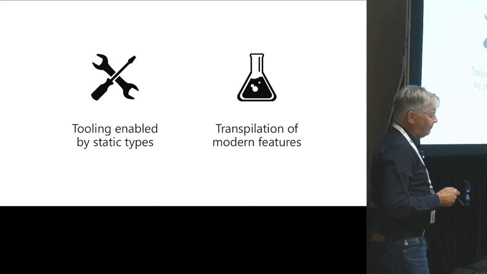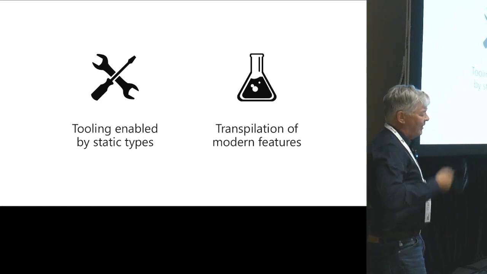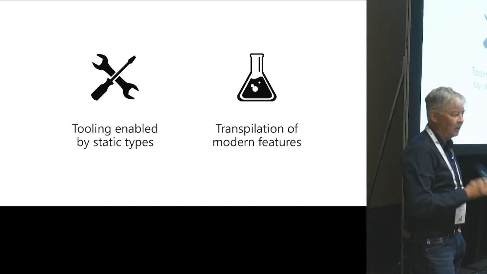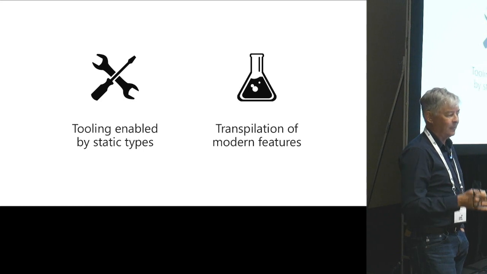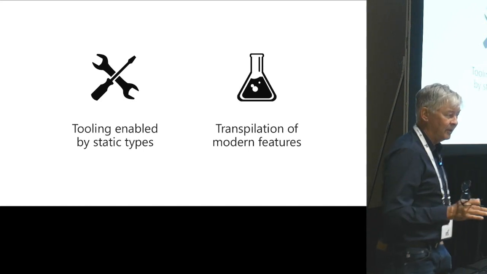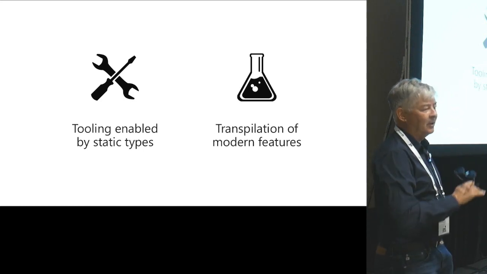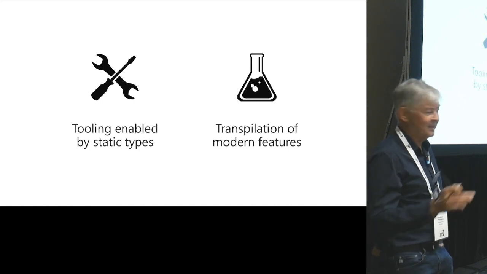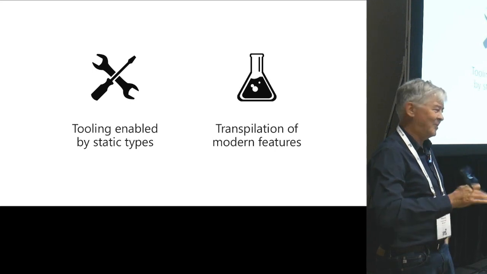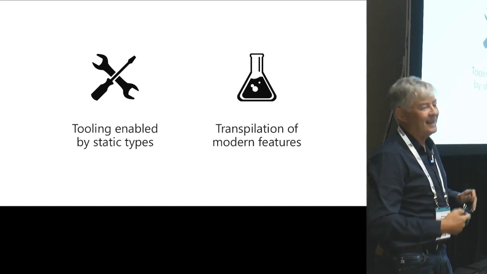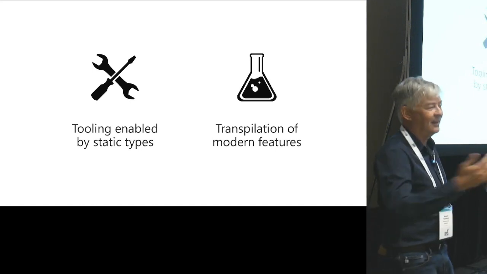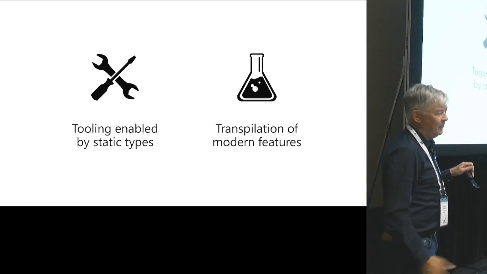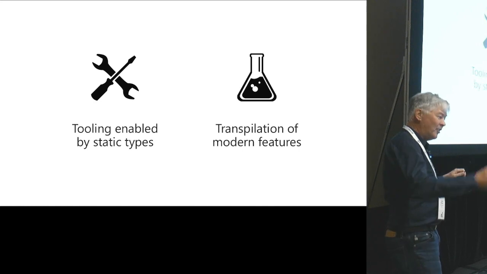And we sort of ended up on two major things that we wanted to do. One was build great tooling enabled by static types. We knew already at the time from experience that you can't build a great IDE experience for a language that has no types at all, because there are no indications in your program as to what the intent is. And so statement completion and code refactoring and all of code navigation, all of that stuff just isn't really possible without some hints put in the code.